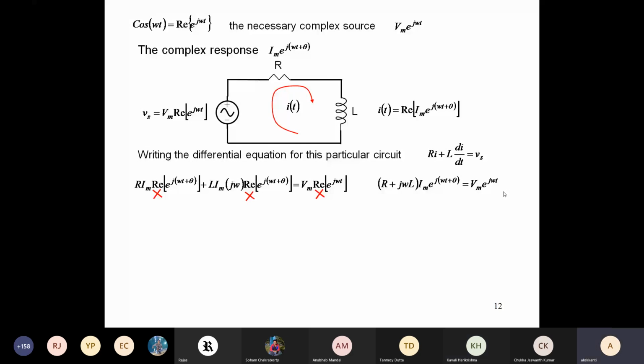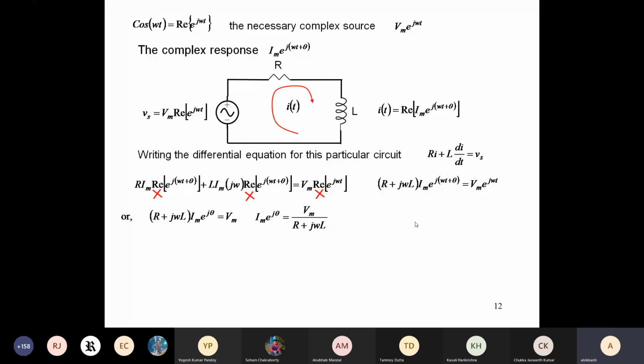And from here, what do you get? We can get the complex amplitude of Im, Im tilde, so Im e^(jθ).